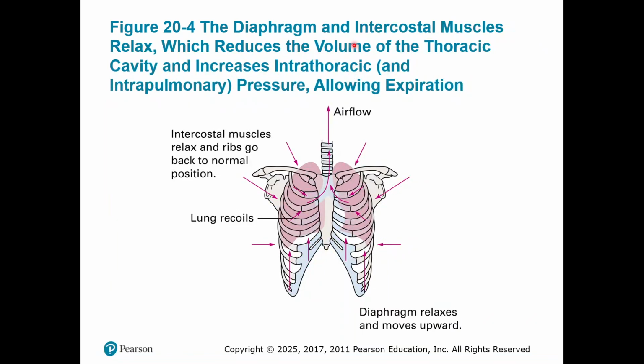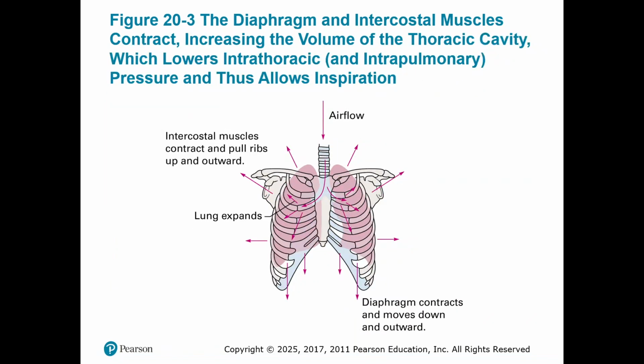Then the diaphragm and intercostal muscles relax, which reduces the volume. If we're reducing volume, we're increasing pressure. What you're doing, guys, as we look at this, is decreasing pressure and increasing volume, because at the end of the day we're trying to create a vacuum.